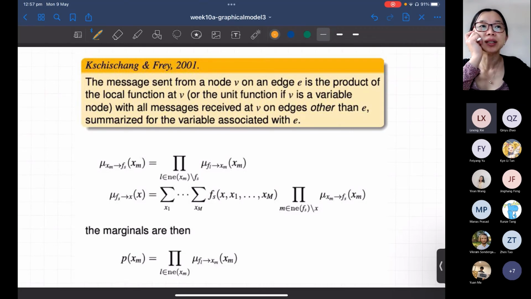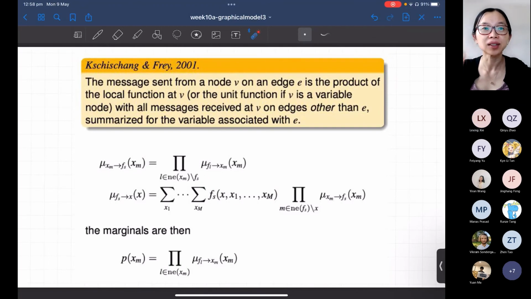So it basically says that the node to factor message is a product of the factor to node messages, simply. The factor to node message is also a product of the node to factor messages, but we need to add this factor term and do this additional marginalization.